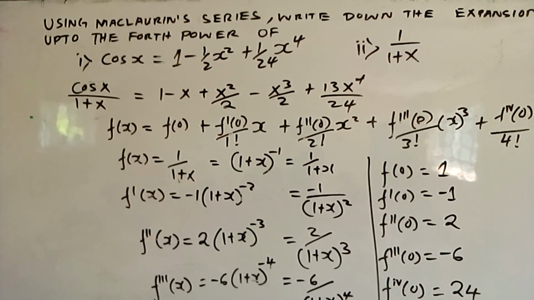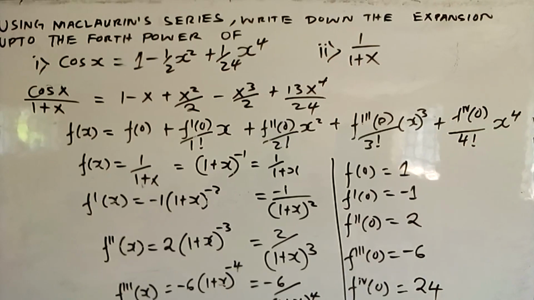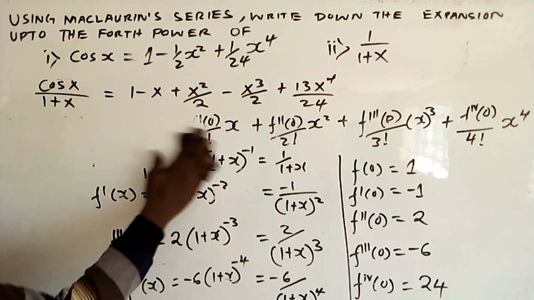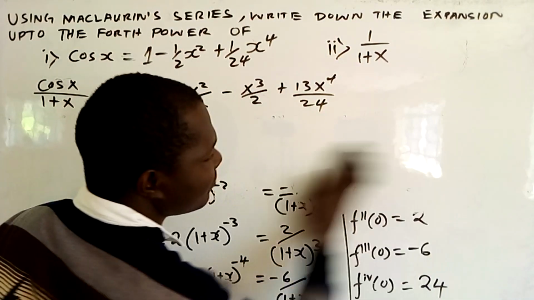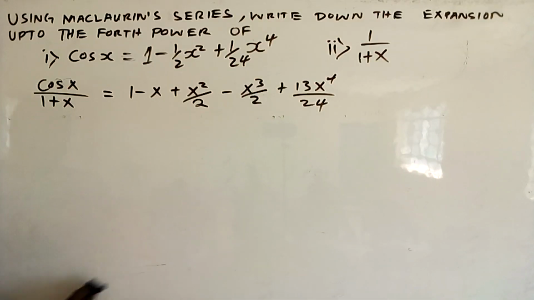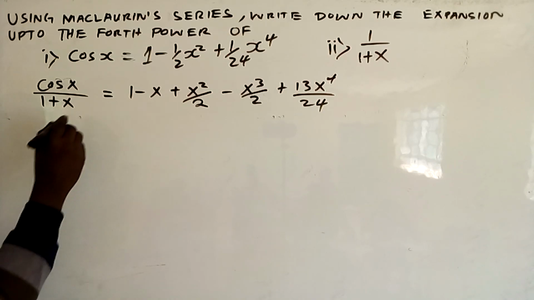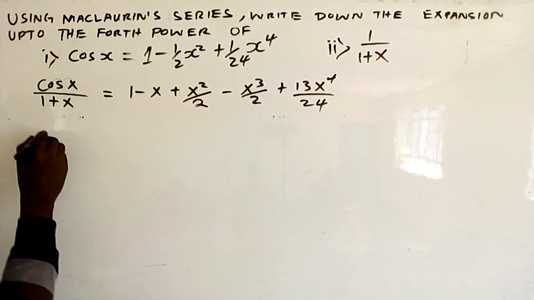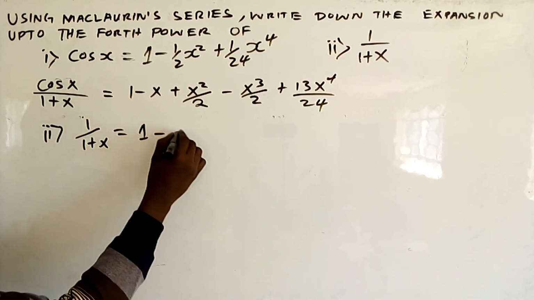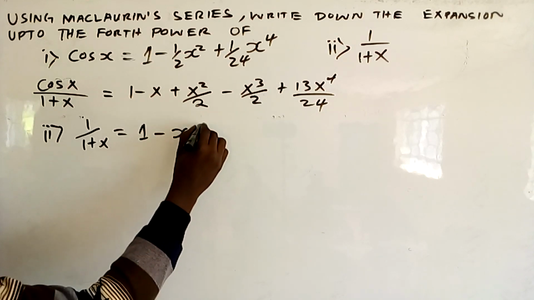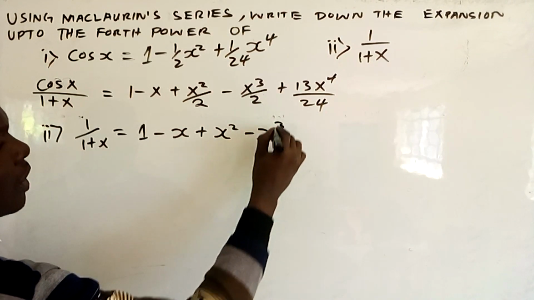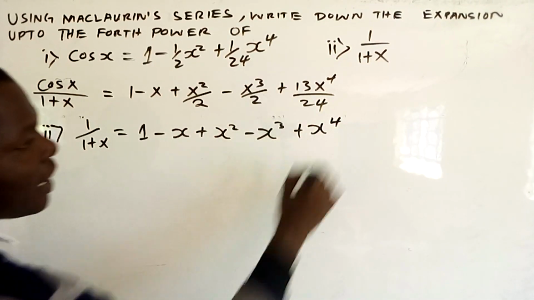So we found the Maclaurin series expansion of this Roman 2, which is 1 over 1 plus x, is 1 minus x plus x squared minus x cubed plus x to power 4.